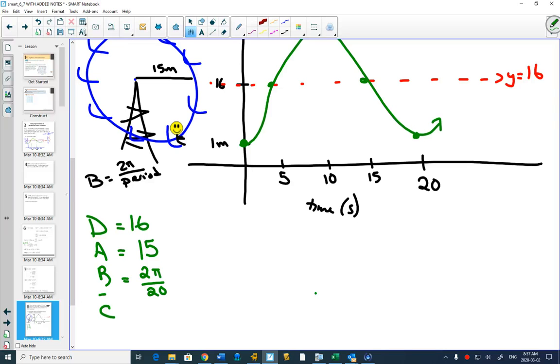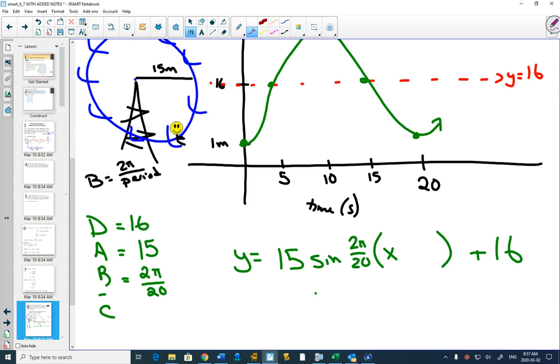And then I'm going to leave the c value because there's actually more than one equation for this. So, first of all, we could choose a sine graph. If I choose a sine graph, then my amplitude is 15, sine, my b value is 2 pi over 20, factored out, x, and then my d value is 16.